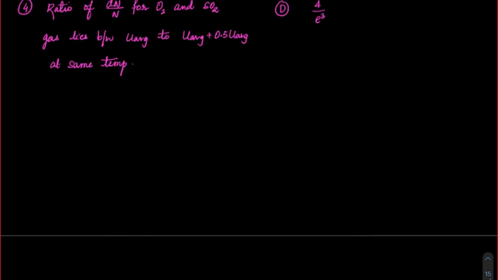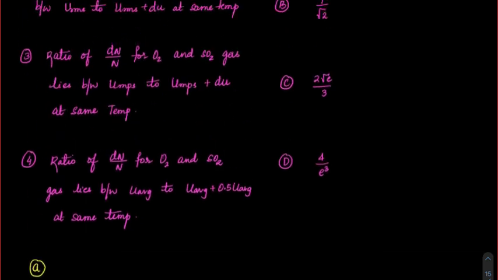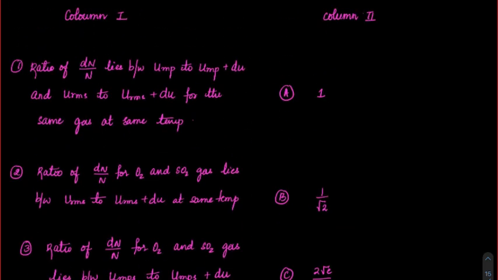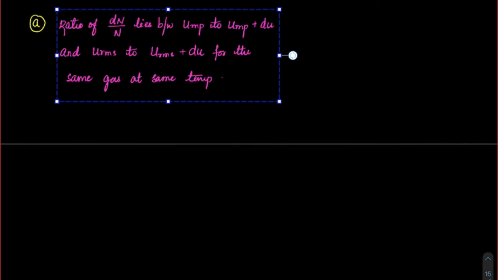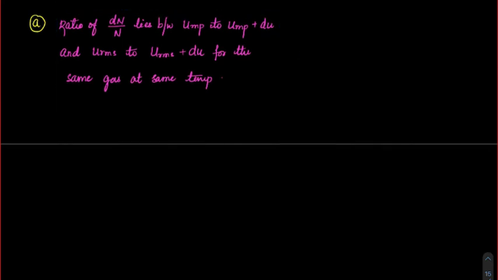First I am trying to solve a part here. Let me just copy paste here so that you can see it and read it once again. So we are trying to find this ratio of dn lying between most probable to most probable plus du and RMS to RMS plus du.